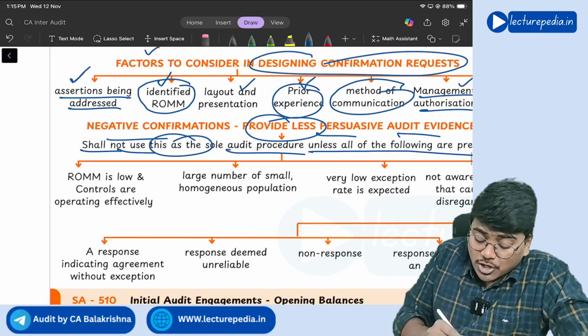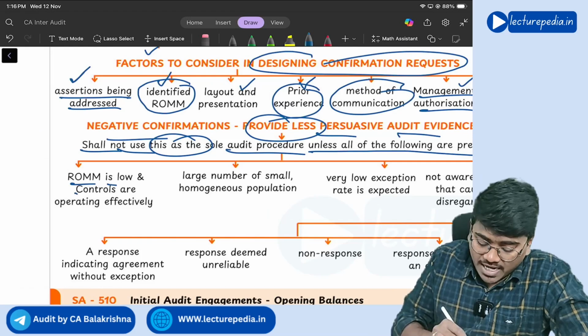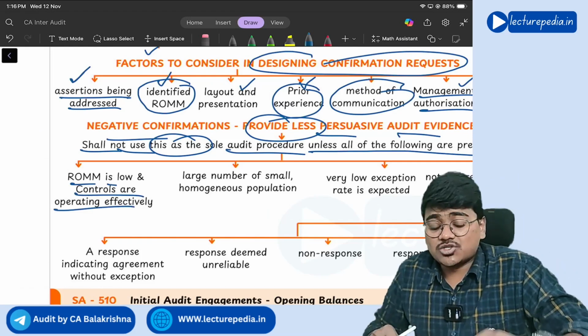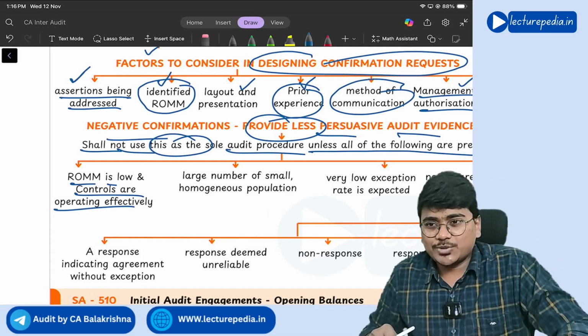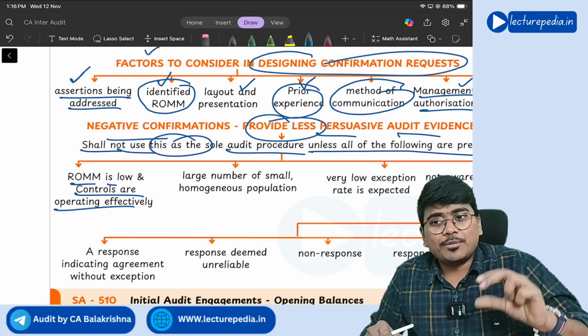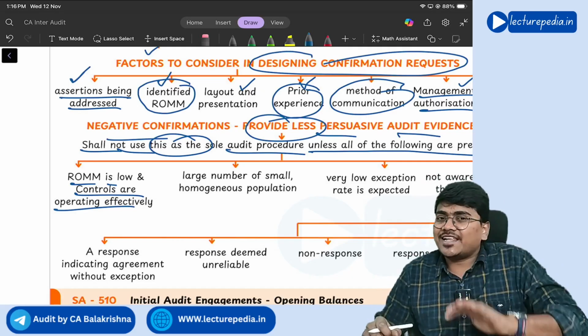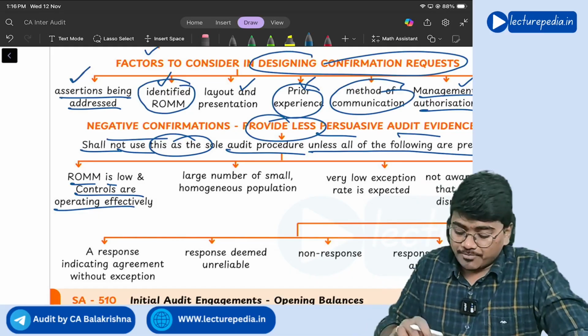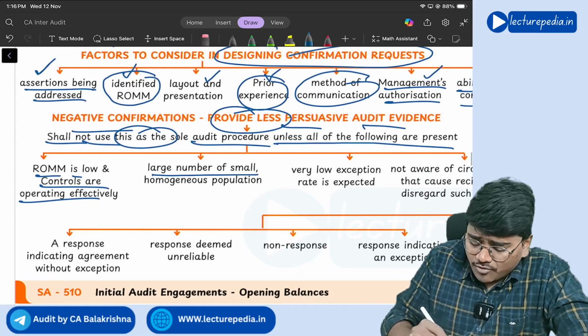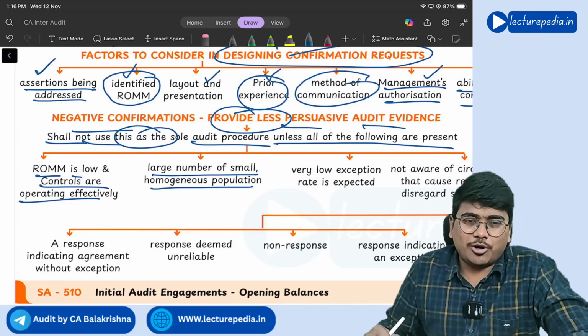What are they? The risk of material misstatement of the area is low and controls are operating effectively. So in order to use a negative confirmation request, the risk of material misstatement should be low and the controls around that area should be operating effectively. Next, a large number of small homogeneous populations.